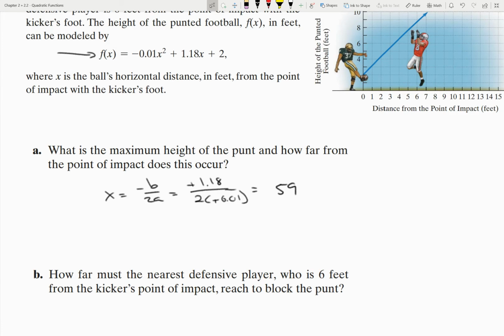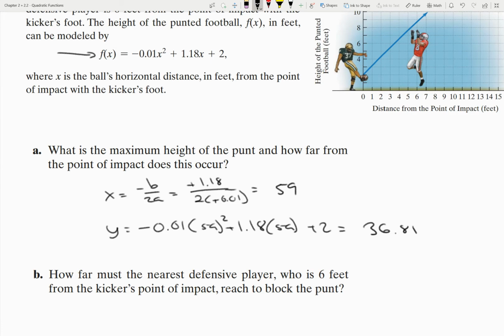What is the maximum height of the punt and how far from, okay, so let's get the y coordinate of the vertex. The y coordinate of the vertex gives me, right, negative 0.01 times 59 squared plus 1.18 times 59 plus 2. Plug that in my calculator, I get around 36.81.